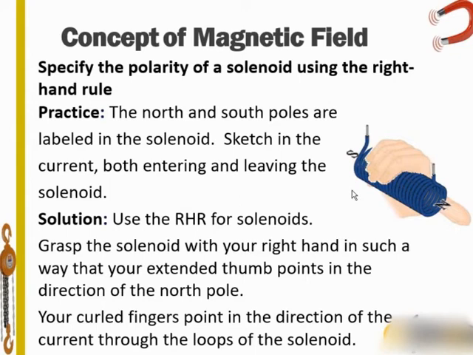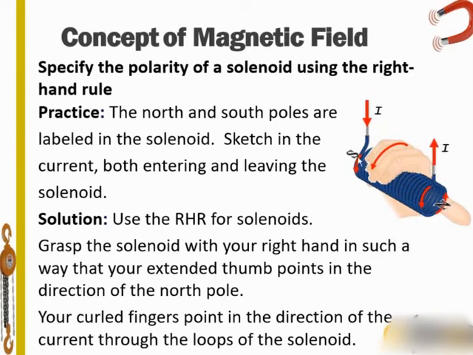By identifying the direction that the current is moving, you're able then to label which one of these coils represents the input, in terms of the current going in, and which one represents the output, in terms of the current going out. So this way you're able to label the diagram very easily.